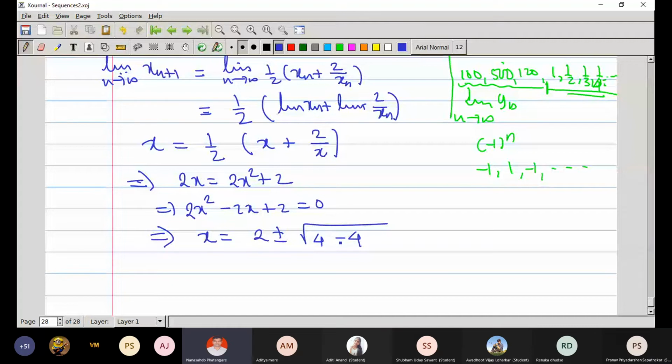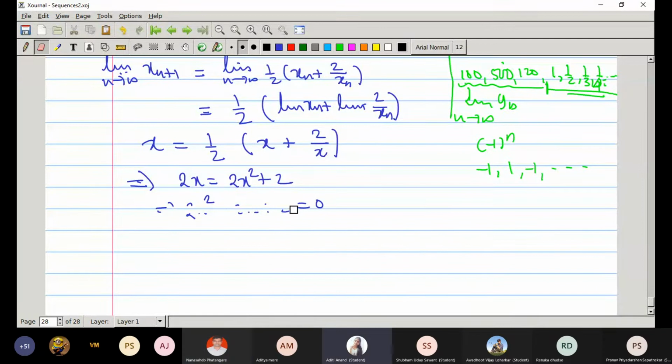So what is the limit? What is the solution of this quadratic equation? Sir, I actually said that the left hand side will be 2x square in the second step. It will be x square plus 2 only.